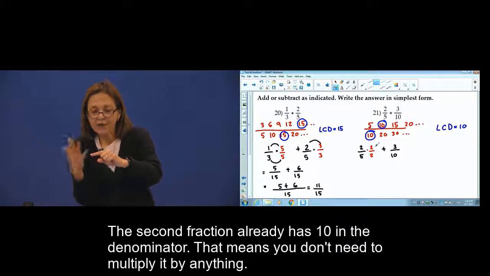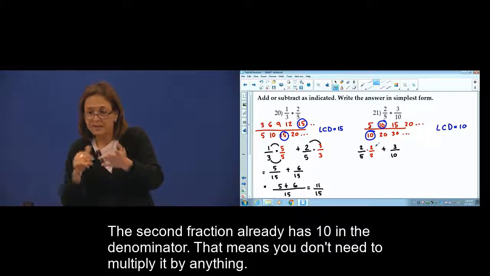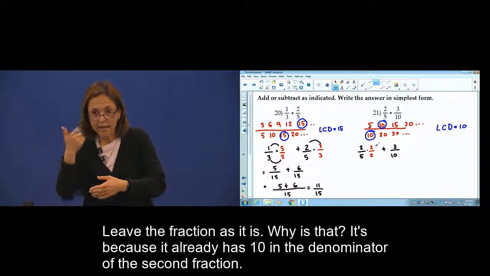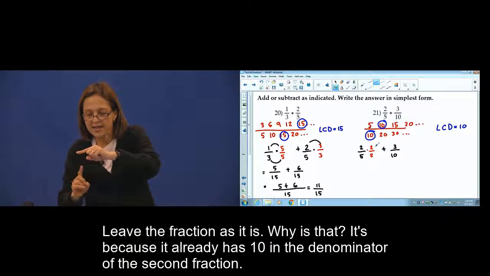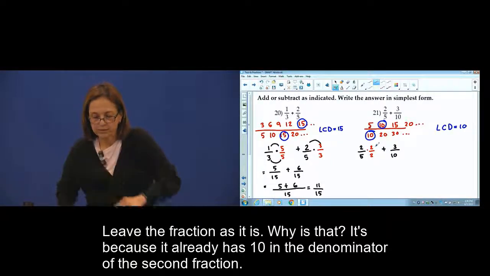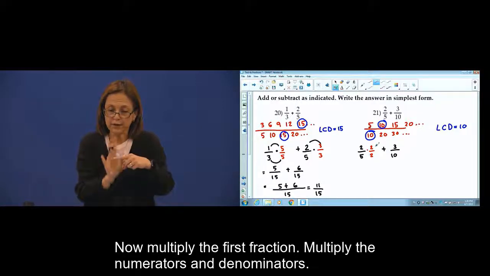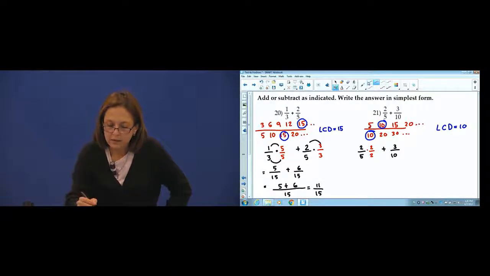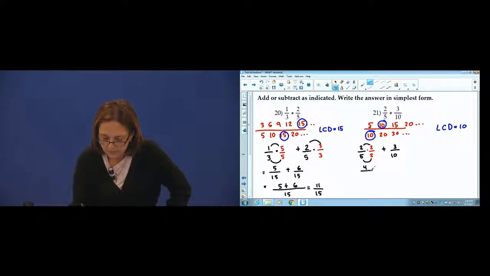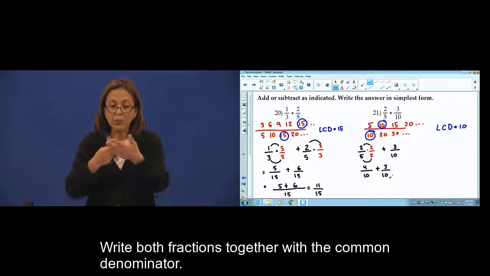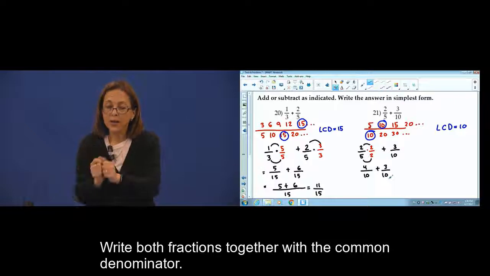For the second fraction, our denominator is 10, which means that we don't need to multiply anything, we can just leave it, because we already have the least common denominator there, which is 10. Now multiply the first fraction and rewrite the fractions with the common denominator.